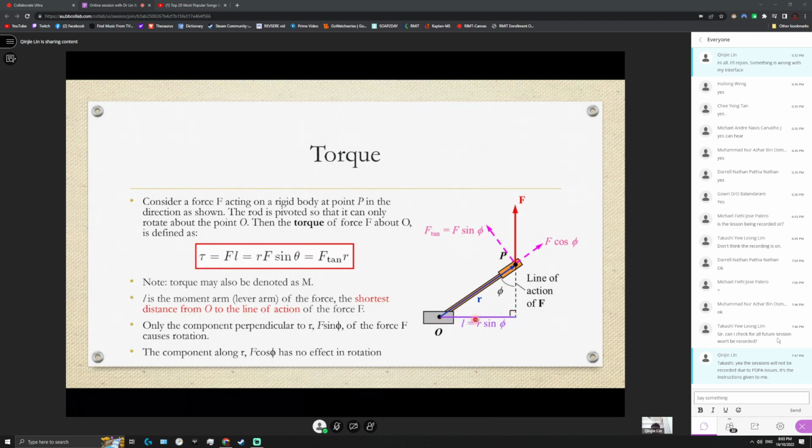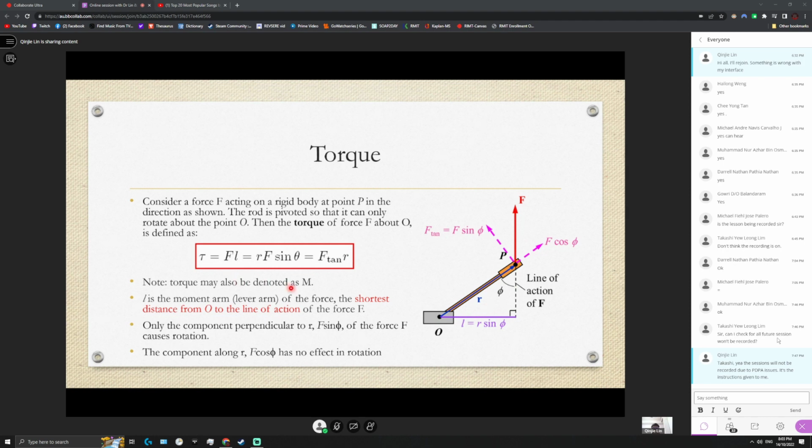The perpendicular distance is R sine phi. So you'll be taking this F times the perpendicular distance. That's our torque: basically, force times the shortest distance, which is the perpendicular distance.